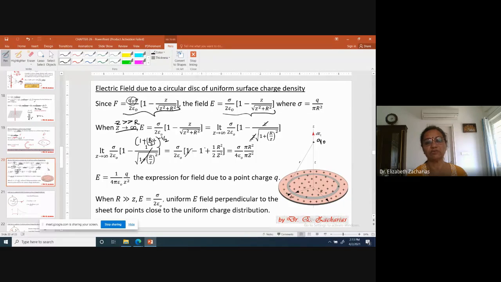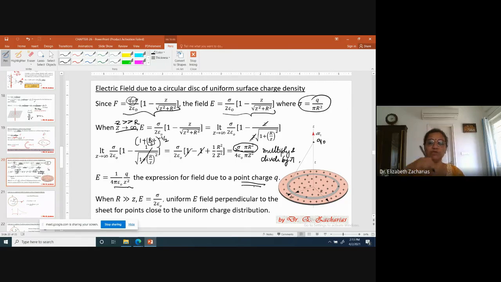This plus 1 and minus 1 will get cancelled out. So you get finally the expression for the field. Here I have multiplied and divided by pi. And then sigma into pi r square, look at this, will be the total charge Q on the plate. Therefore, I get electric field as 1 by 4 pi epsilon naught Q by Z square. And this is the expression for the field due to a point charge.